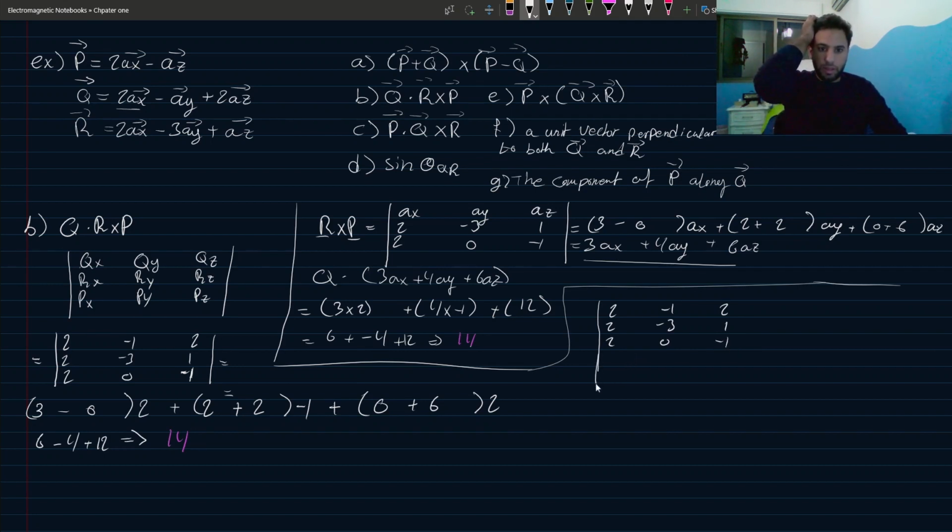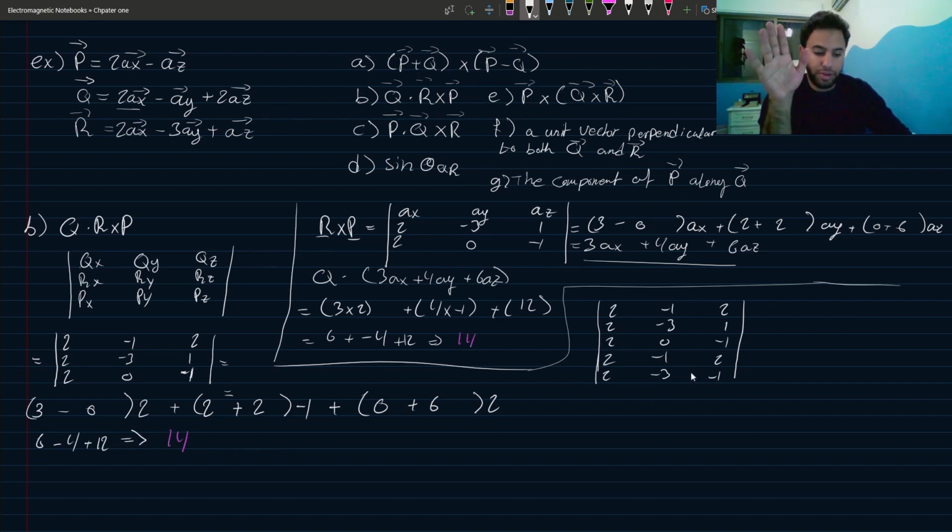And what you do now, usually you stop at this point. But this secret way, it's not a secret way, it tells you repeat the first 2 rows. So you say 2 minus 1, 2, 2 minus 3 minus 1.